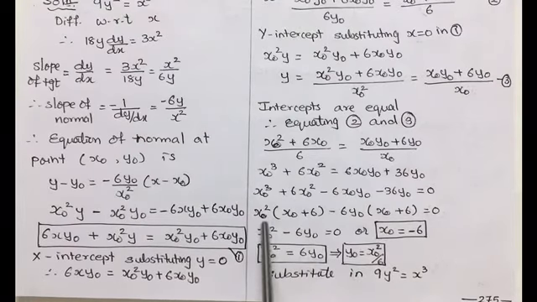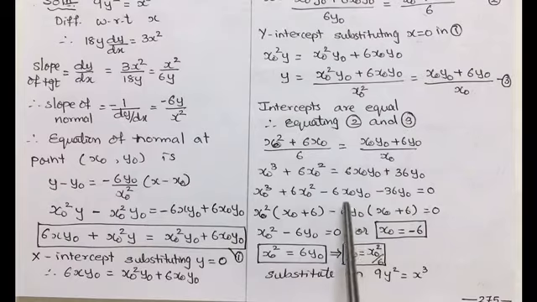Taking x0 square common from the first two terms and 6y0 common from the last two terms, the factors that we will have here will be x0 square minus 6y0 equal to 0 and x0 is equal to minus 6. So we get y0 is equal to x0 square by 6 from the first option and x0 equal to minus 6 from the second bracket.